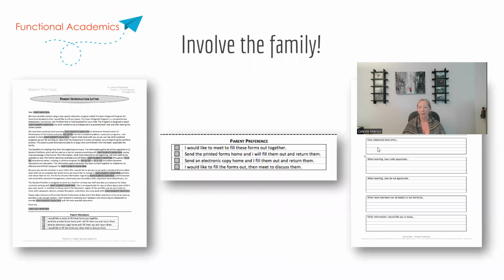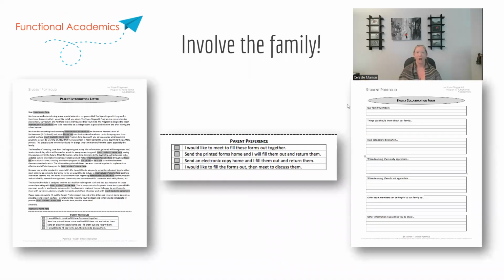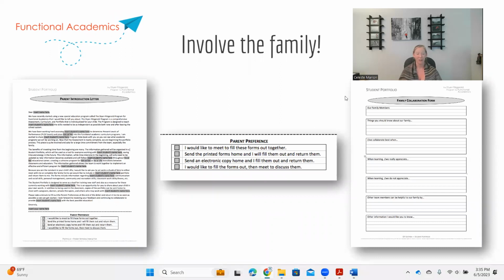Okay. So this is where we involve the family, talking about the introduction of this functional academics program. We include a letter template to send a letter home to the family to let them know what this program is and how you're going to start it with their student. And then we invite them to engage. Parent preference: would you like to fill out these forms together? Would you like to have a meeting and talk about them?